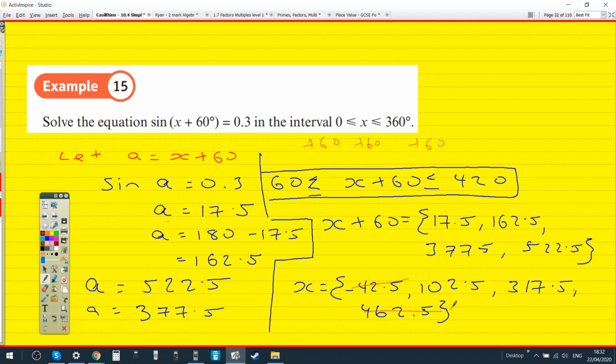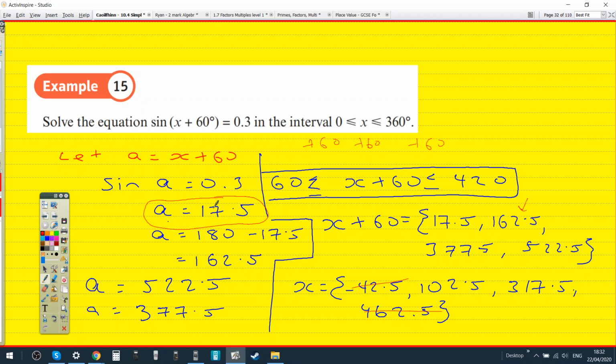The reason why I get rid of them at the end, you could have gotten rid of them one step before the end. The reason why I leave them there is because, let's say this one, 17.5, that is outside of the range. It's too small because it now starts from 60.